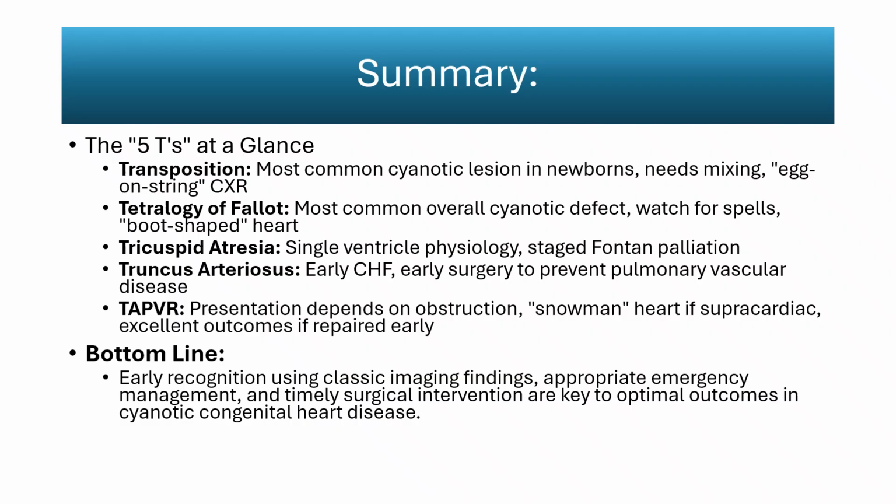The supracardiac type produces the snowman silhouette on X-ray, and unobstructed repair yields excellent outcomes. The unifying principle across these defects is that early recognition, appropriate emergency stabilization, and timely surgical repair determine survival and long-term function. Each lesion has distinguishing clinical, radiographic, and pathophysiologic features that anchor diagnosis and guide management.